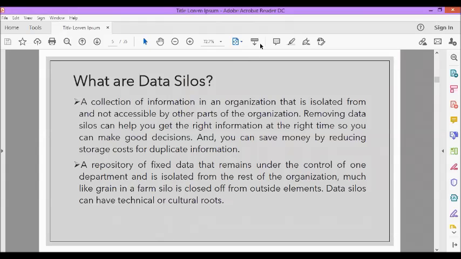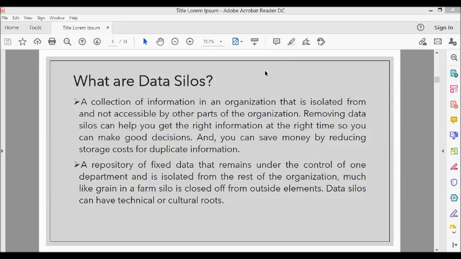And you can also save money by reducing storage costs for duplicate information. It is also a repository of fixed data that remains under the control of one department and is isolated from the rest of the organization, much like grain in a farm silo, which is closed off from outside elements.